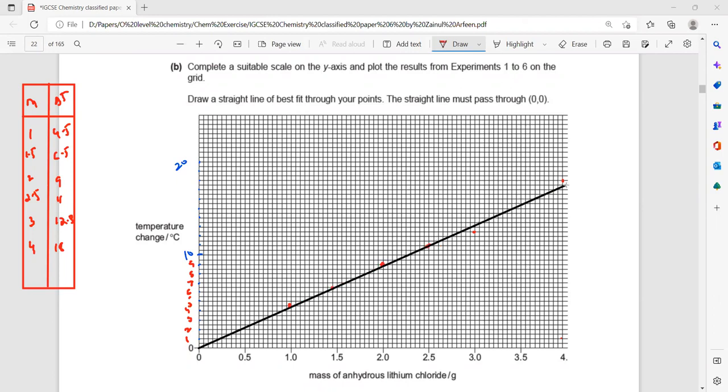To draw a best fit straight line, I should have approximately the same number of points above and below. Like say in this one, I have 1 point above and 1 point below, and the rest of the points are lying on this line. So this is a best fit straight line. Is it clear this one? Yes, sir, clear.